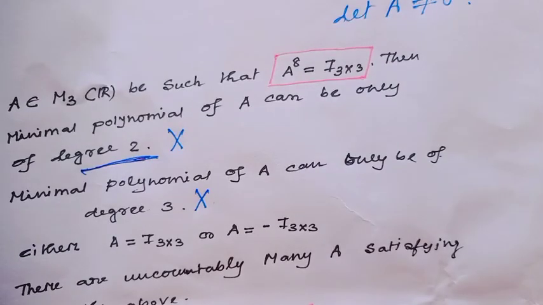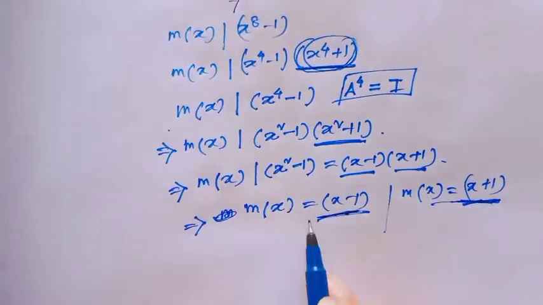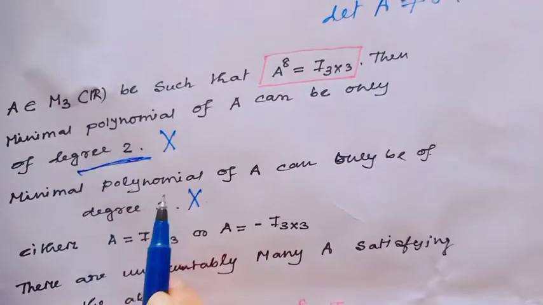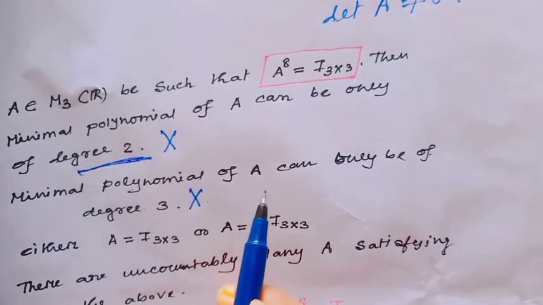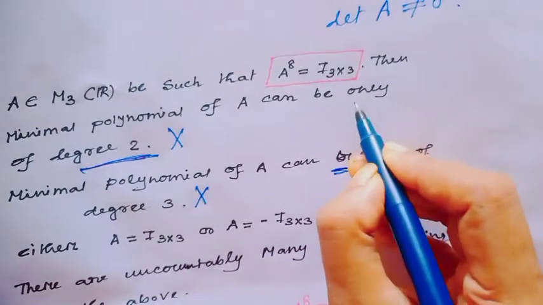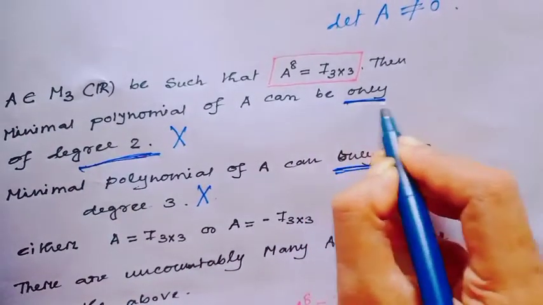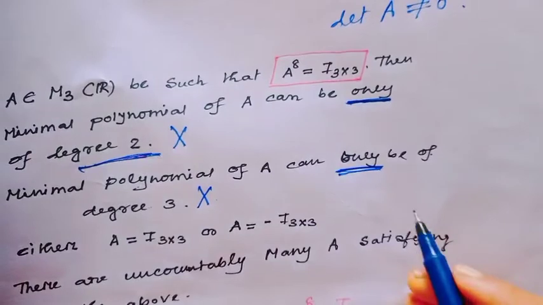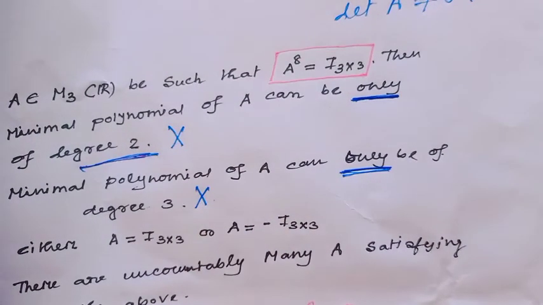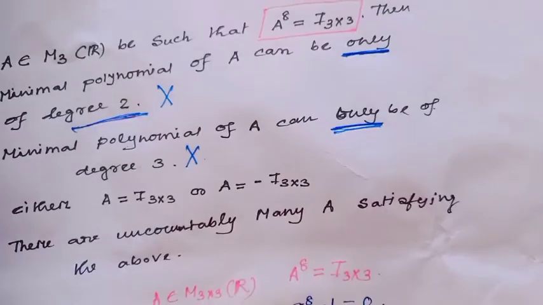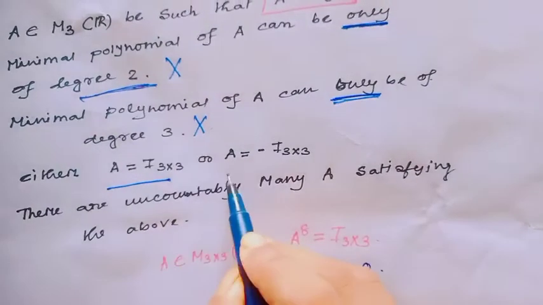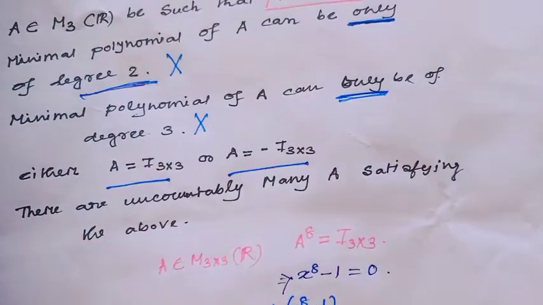Also, from this possibility we can tell that option 1 is a wrong option and option 2 is a wrong option, because they indicate only that. And option 3 indicates either A equal to I3 or A equal to minus I3.